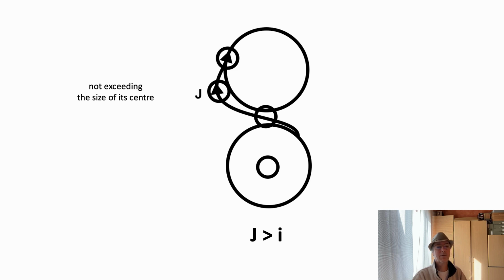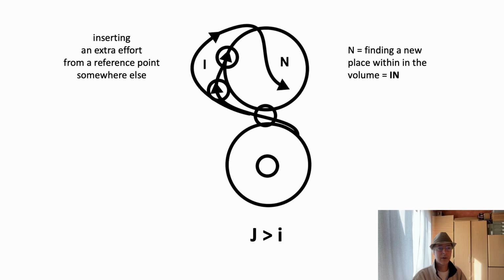It fits the letter Y. If you really extend it to something extra, you have an extra effort with an extra reference port, and this reference port is already somewhere else. It's not connected with the world of conditions and size of our starting point. So that's why the letter E fits it very well.